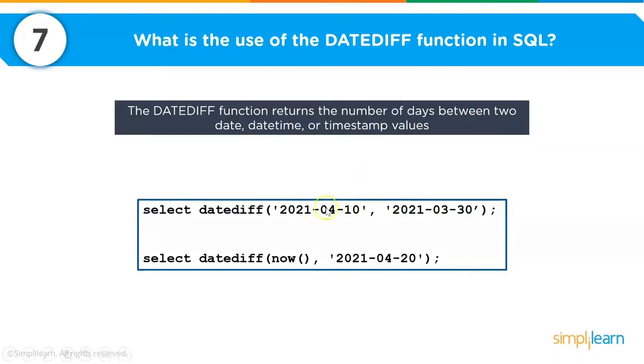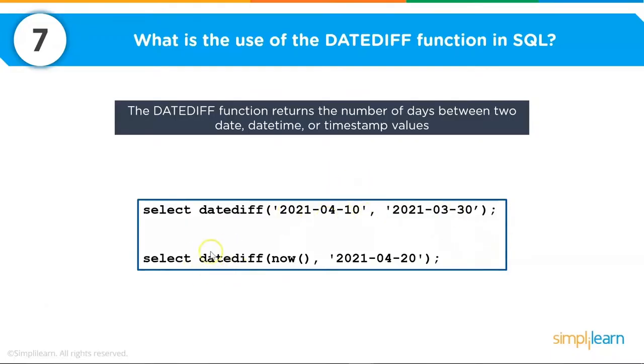So here I have two date values, that is 10th of April 2021 and I have 30th of March 2021. So this query will give us the total number of days that lie between these two dates.